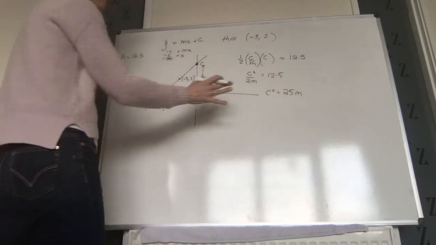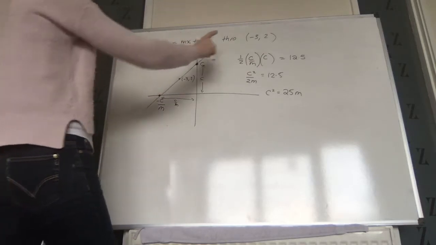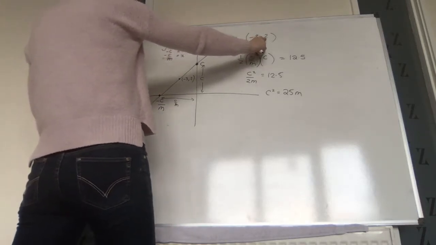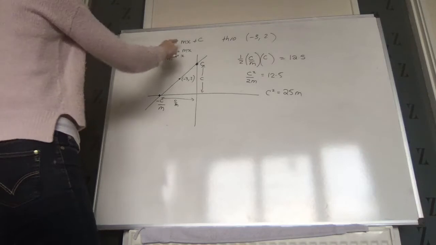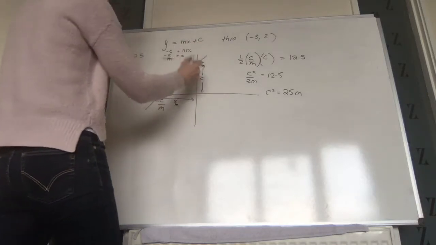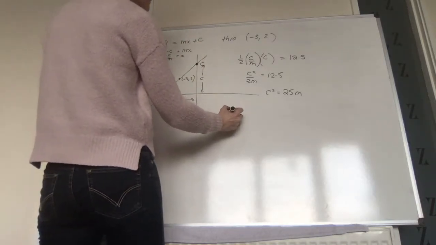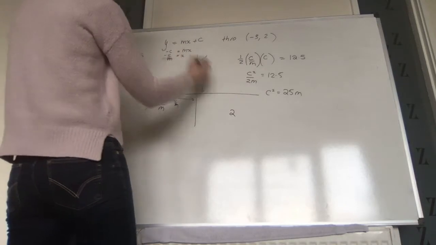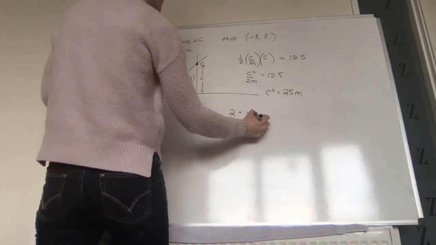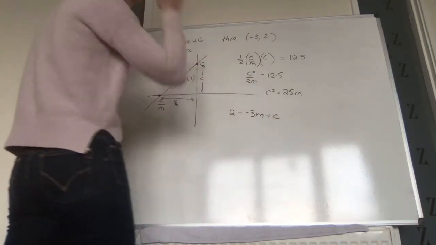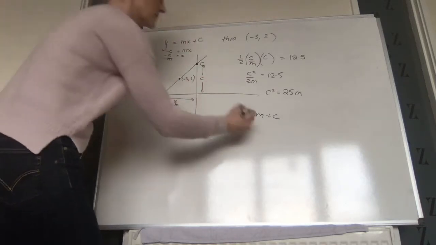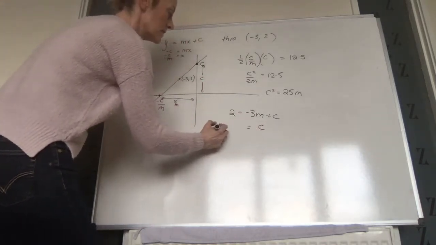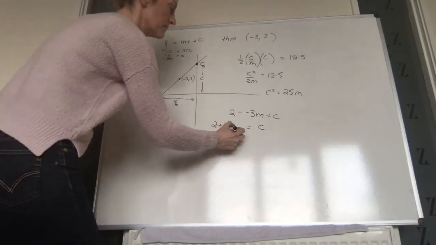That's one piece of information. What's the other piece of information? It goes through the point (-3, 2). So if we put minus 3 in for x and y is 2, then 2 equals minus 3m plus c. So c is equal to 2 plus 3m.